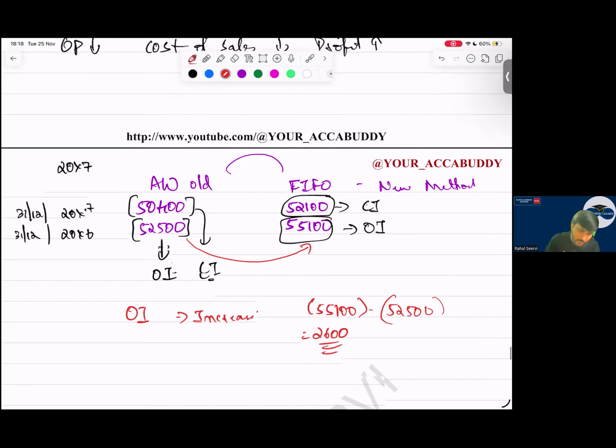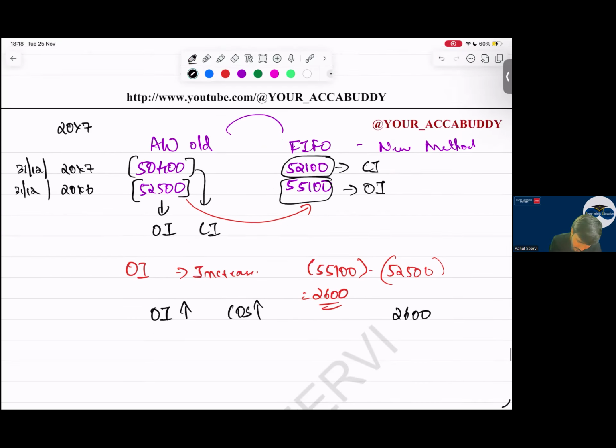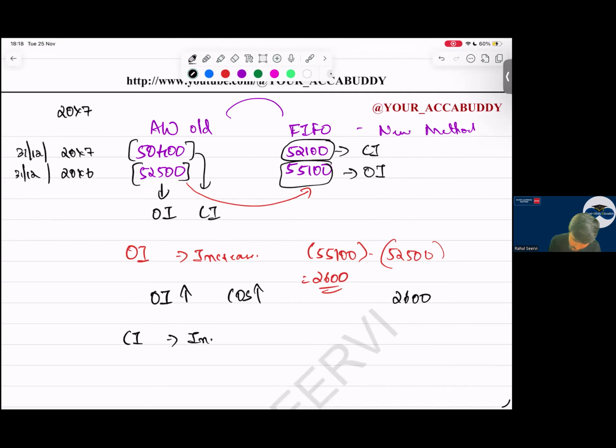Whenever my opening inventory increases, my cost of sales also will increase by this value. So what is happening to closing inventory? We have to take the cumulative difference. My closing inventory is increasing by what amount?